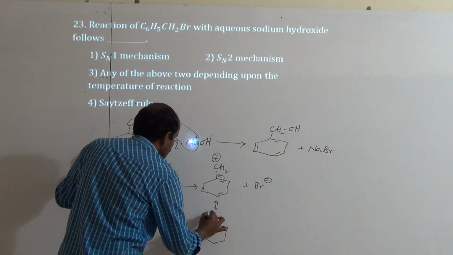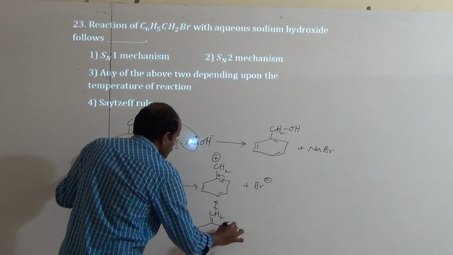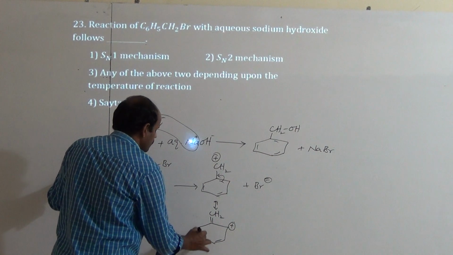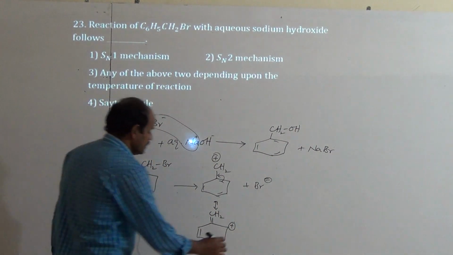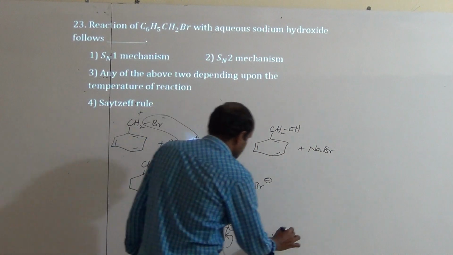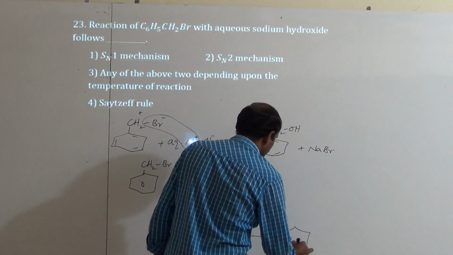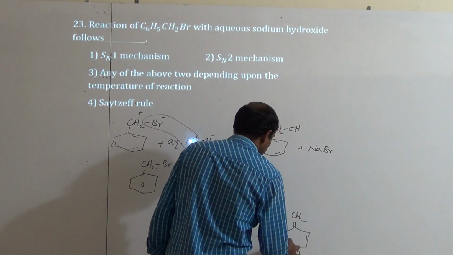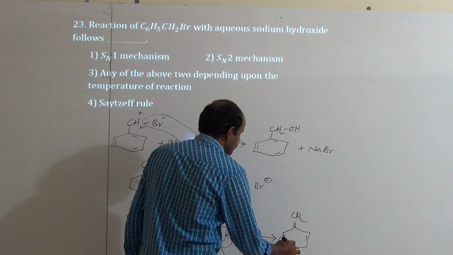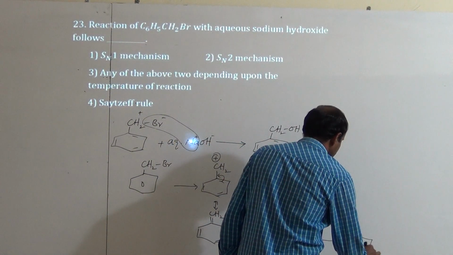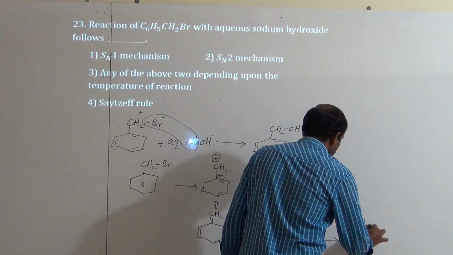Here double bond CH2. This carbon lost electrons, thus it gets a positive charge. Here bond is there. Then similarly it also forms another resonance structure. Double bond CH2. Here bond is there. Here plus is there. Again by migrating pi electrons it forms another resonance structure. Double bond CH2.